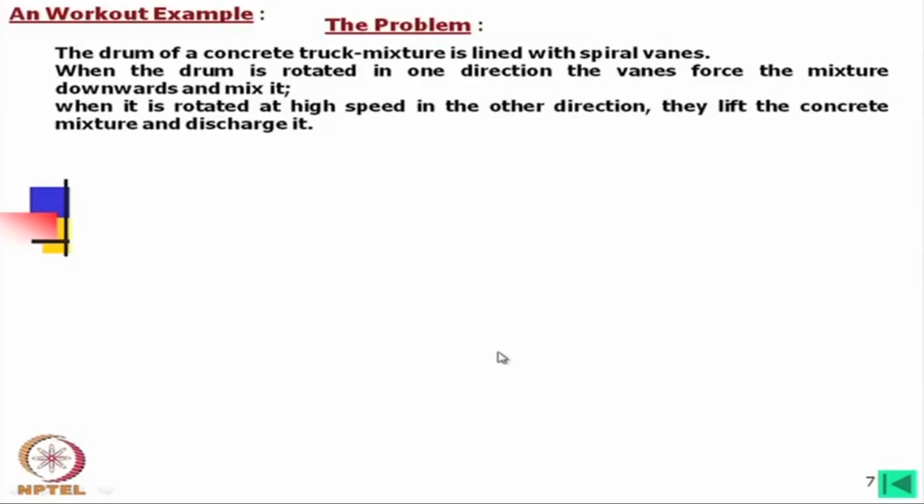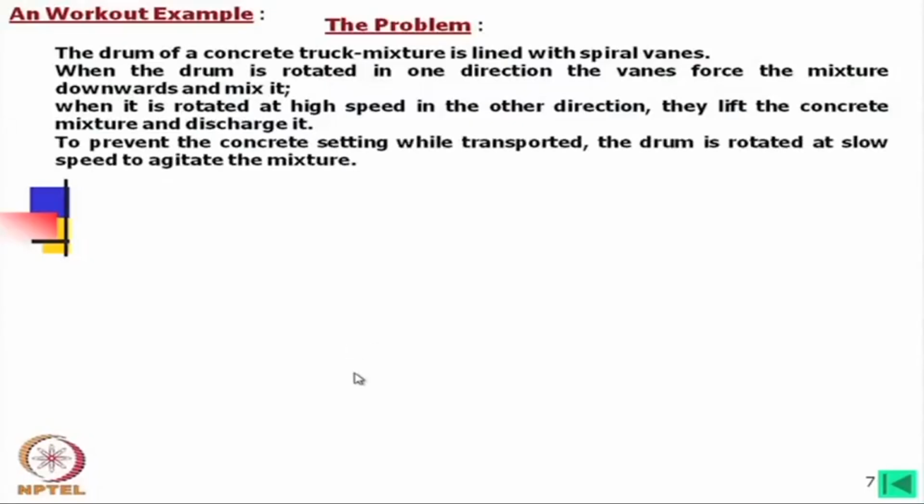However, while it is carrying, it should only just move, so that the vanes rotating inside are just mixing like this, and the concrete is not allowed to coagulate. So, that is called agitating speed.